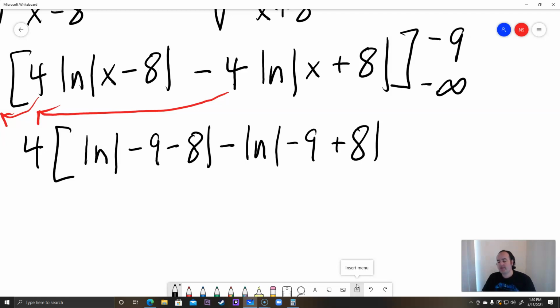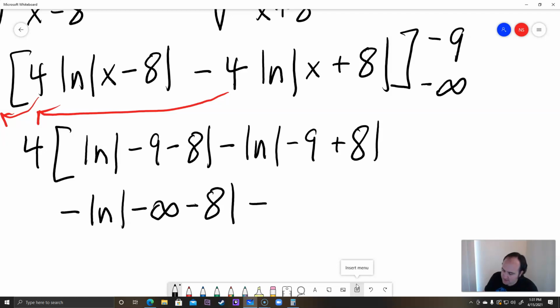Okay? And then we have to subtract the entire function evaluated at negative infinity. So now we're going to be doing minus natural log of absolute value of negative infinity minus 8 minus natural log, so I should put parentheses around this, minus natural log of absolute value of negative infinity plus 8.